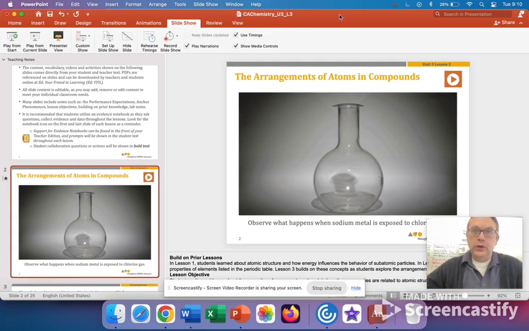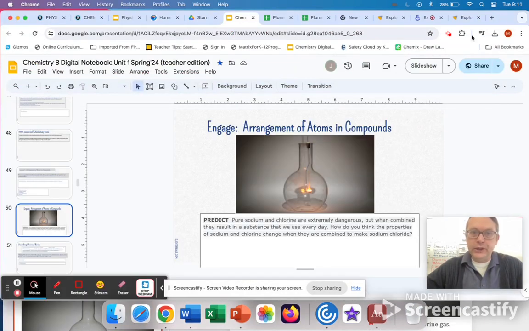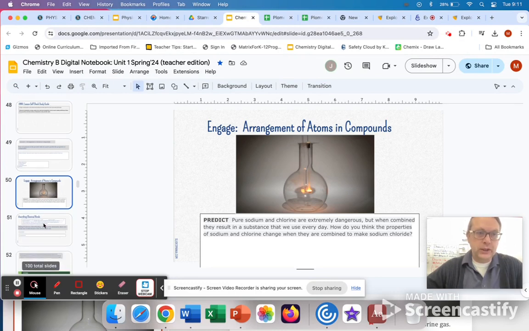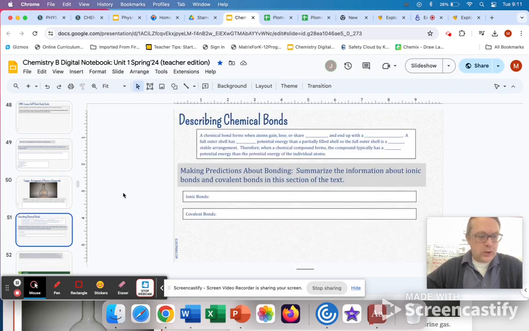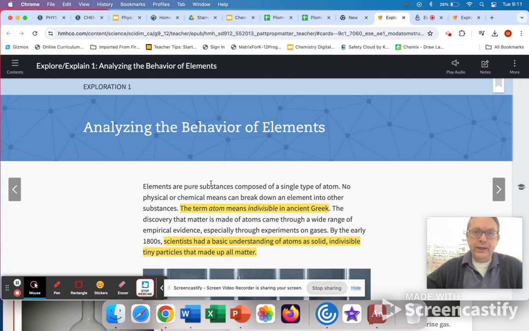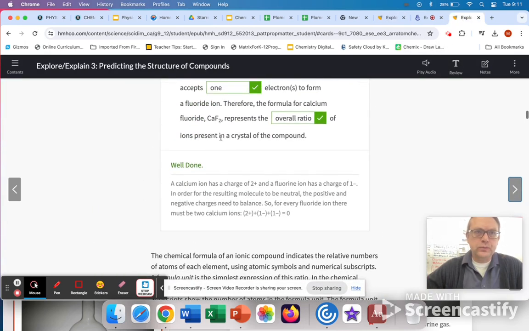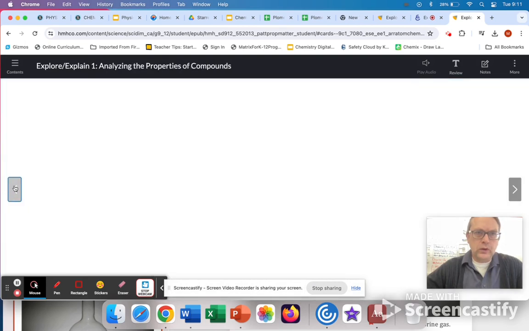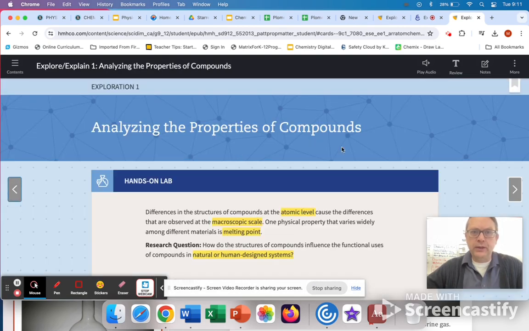So in that reaction, the first evidence we're going to consider is from the lab we did about the properties of compounds.